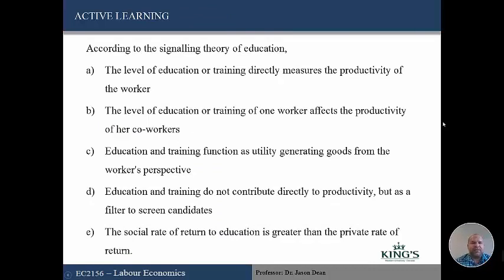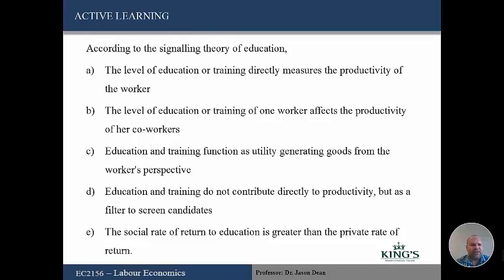Okay, let's do some multiple choice questions. According to the signaling theory of education, A, the level of education or training directly measures the productivity of the worker. B, the level of education or training of one worker affects the productivity of other coworkers.